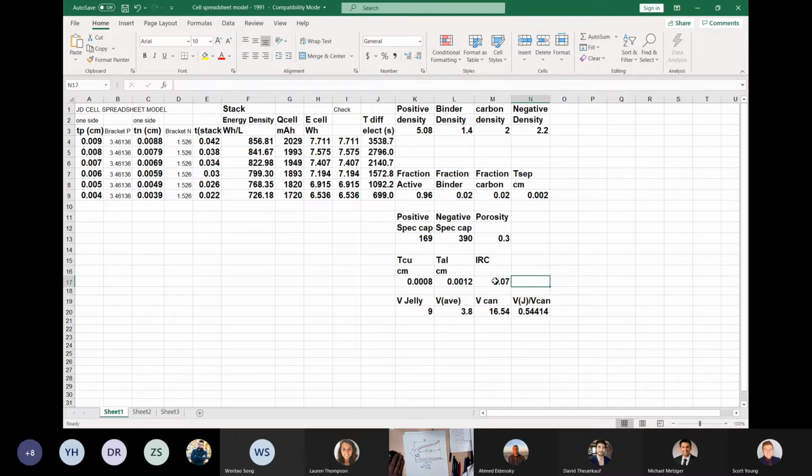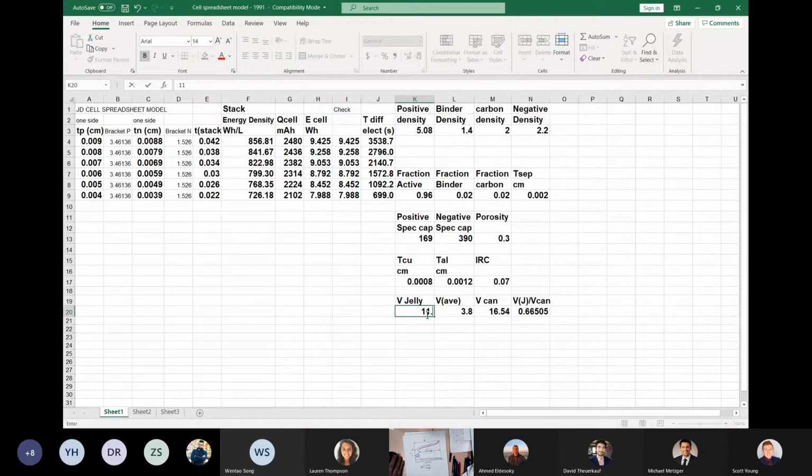Irreversible capacity is about the same, right? And people learned how to limit the size of the headers and all the wasted space within the can. So the volume of the jelly roll increased probably to about 11, maybe 11.5.